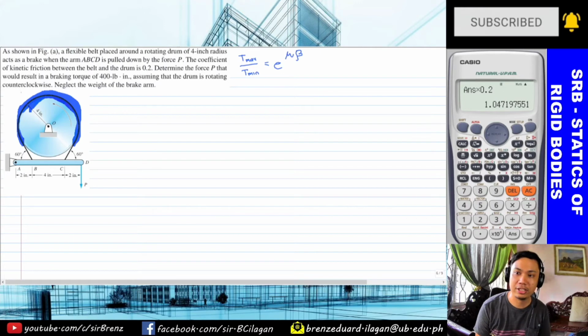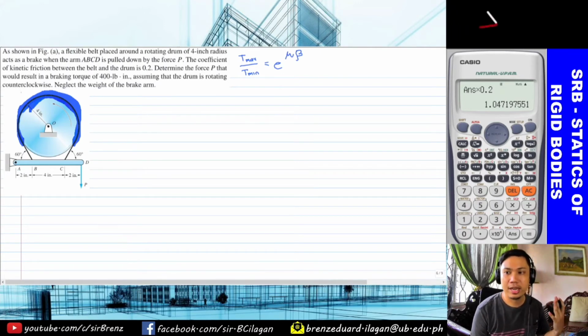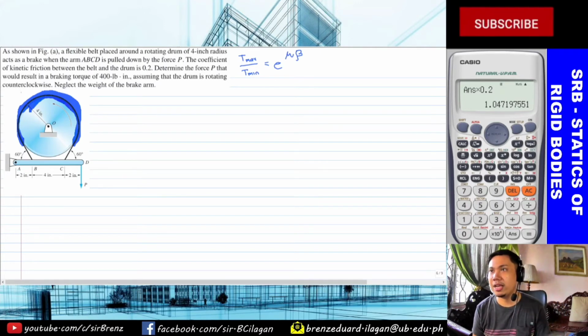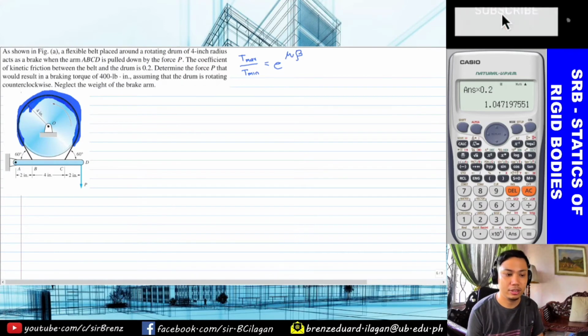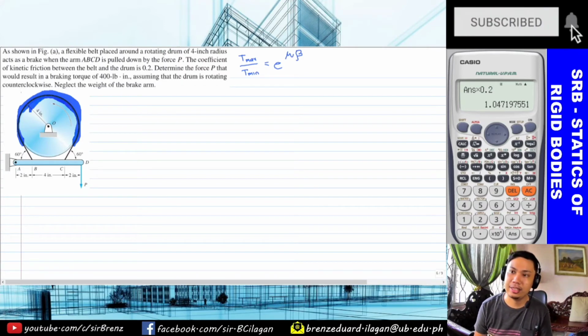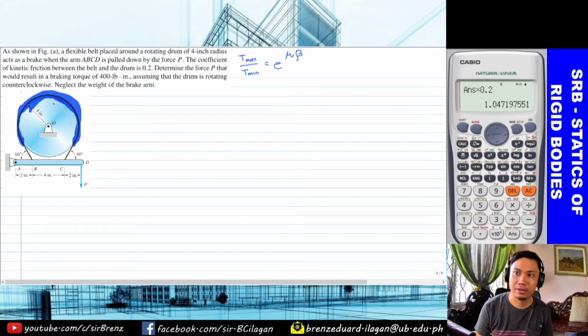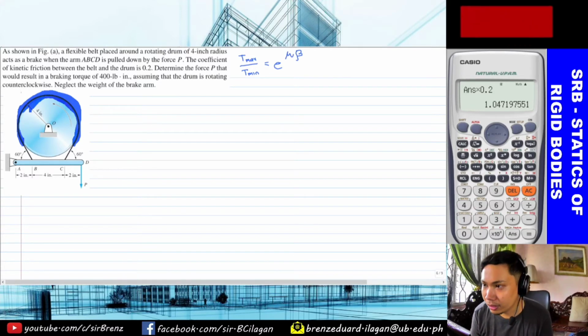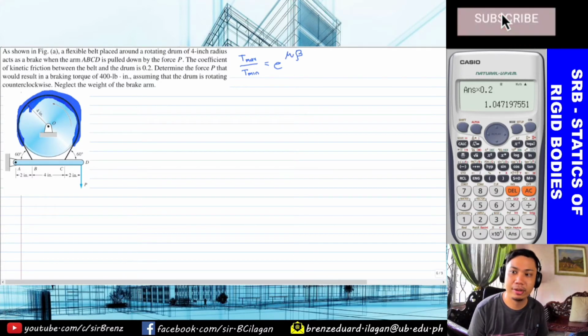So paano nga natin siya ino-convert? So di ba alam naman natin na in one revolution there is 360 degrees and that is also equals to 2 pi radians. Yung radian nga lang is sometimes unitless siya or in radian. Okay? So bakit ko na isama yung revolution?